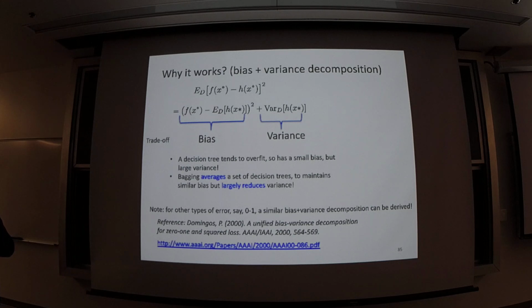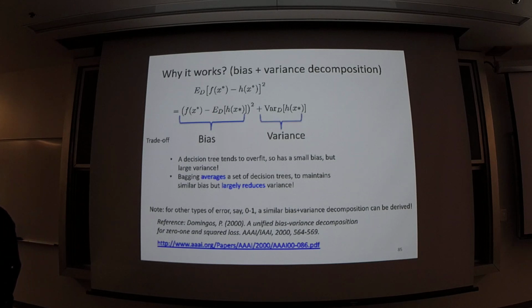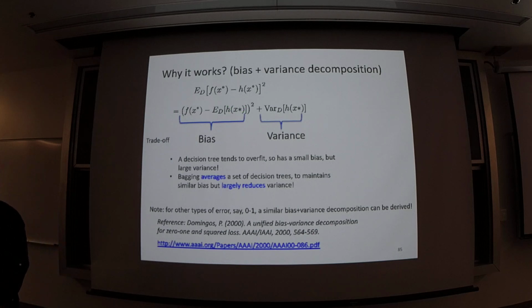But the search result depends on the training set you use. So the training set is a random variable, and you can expect your learned classifier, or learned decision tree, to be random as well. I take the expectation of the prediction made by your learned classifier under all kinds of training sets. Does it make sense?